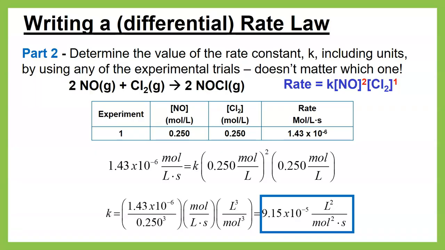You do have to keep track of the units. If you think about it, concentrations are in molarities. So a molarity squared times another molarity would be raised to the third. Rate is molarity per second.